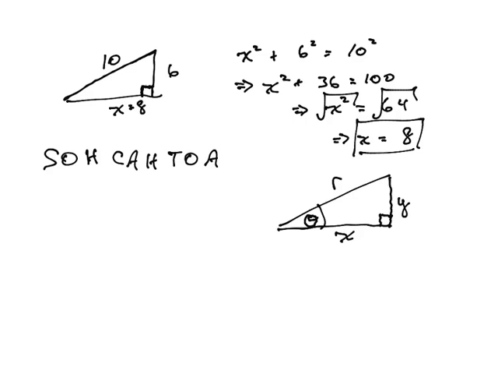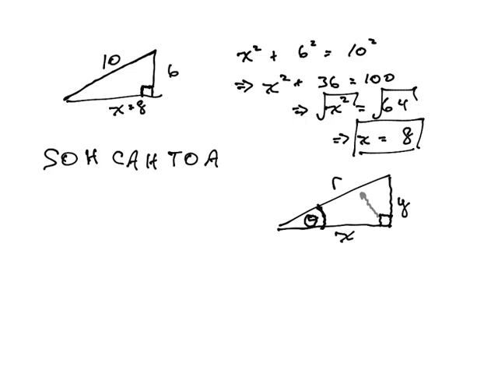SOHCAHTOA is a way of remembering how the side lengths relate to the angles inside the triangle. Well, one relationship we already said was that whatever side is opposite to the right angle, that's the special side called the hypotenuse because it's the longest. Well, there are other relationships too.